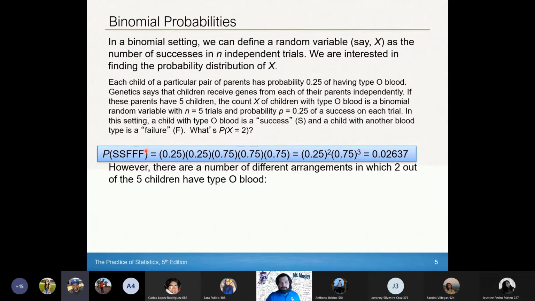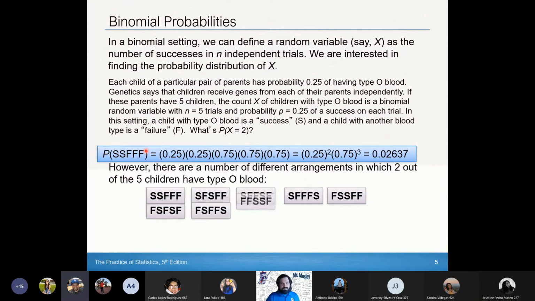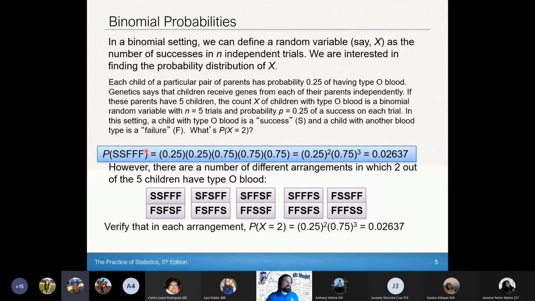However, there are a number of different arrangements in which 2 out of the 5 children have type O blood. Specifically, there are 10 of them. You can have the first 2, the first and the third, first and the fourth, first and the fifth, second and third, second and fourth, and so on. We have 10 possible combinations that result in 2 of the 5 children having type O blood. Each of these results in the same exact calculation: 0.25 squared and 0.75 to the third. We get the same probability of about 2.6%, or 0.02637.